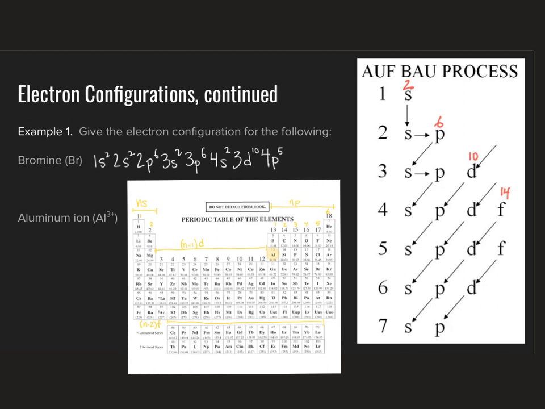So again, if we have 10 electrons following our Aufbau process, that would give me an electron configuration of 1s2, 2s2, 2p6 for a total of 10 electrons.